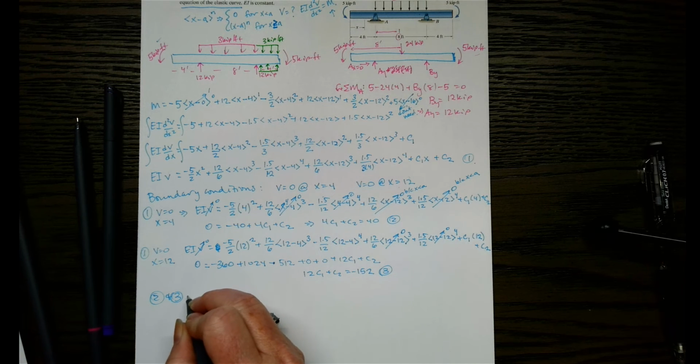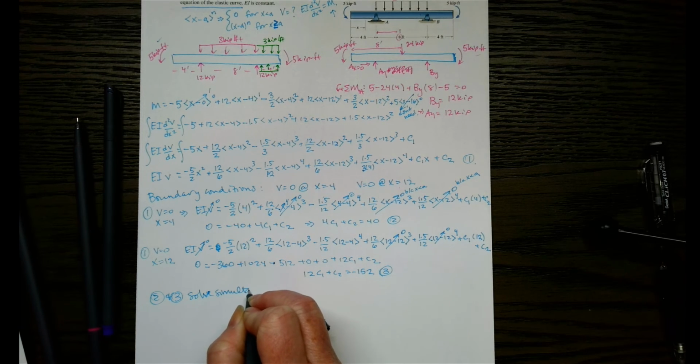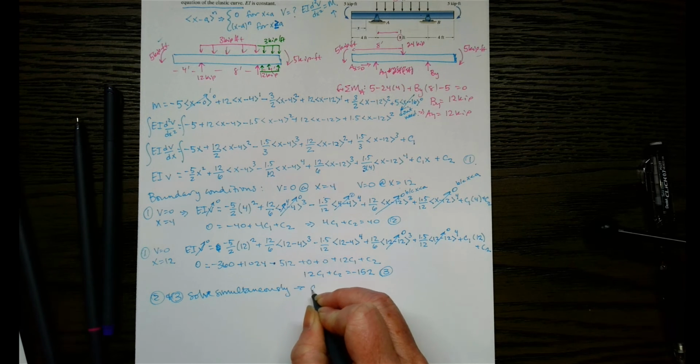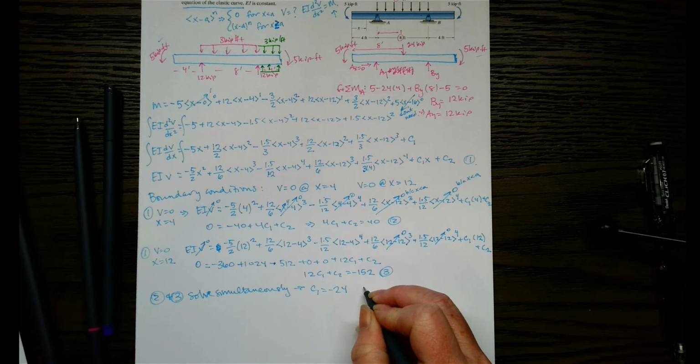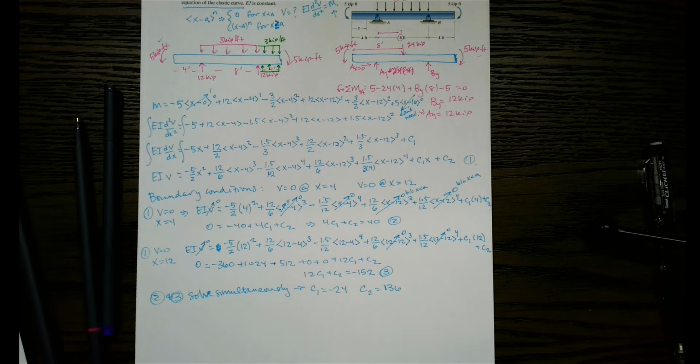So we're going to take equation 2, solve simultaneously, however you want to do that. And if you get that done, you'll get C1 is negative 24, and then C2 is 136. Okay, so just do the algebra there.